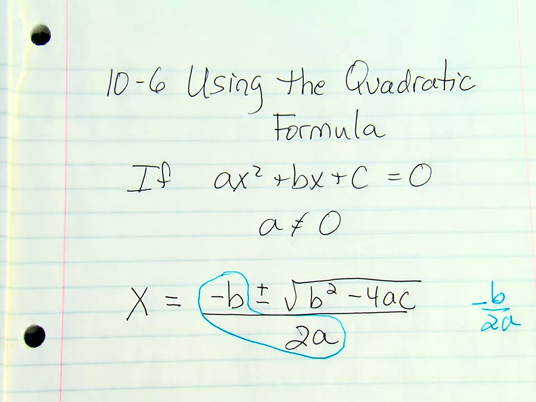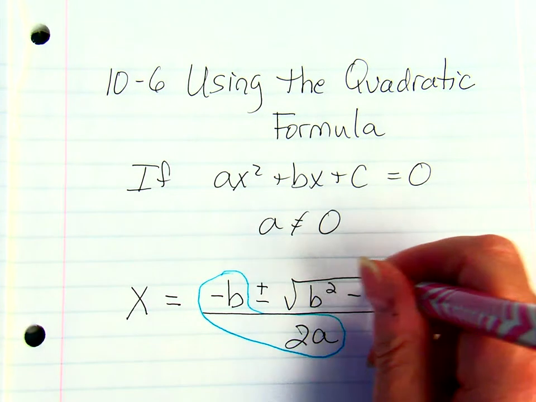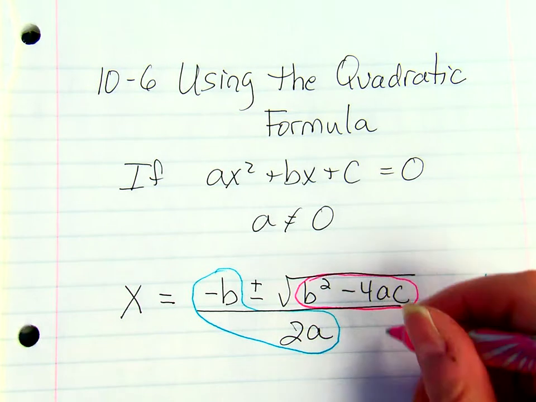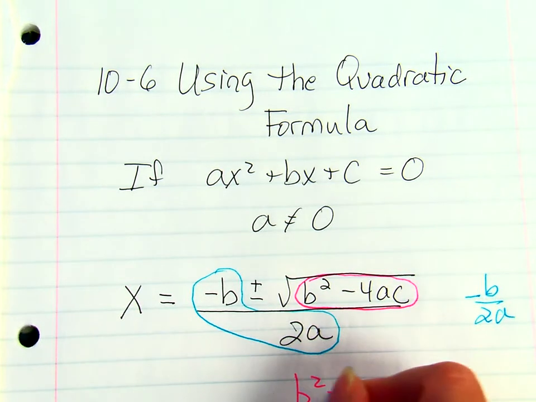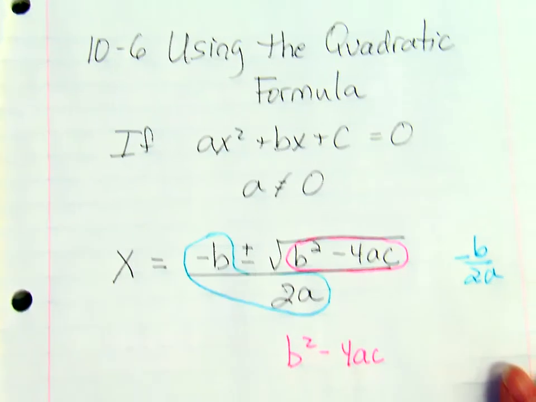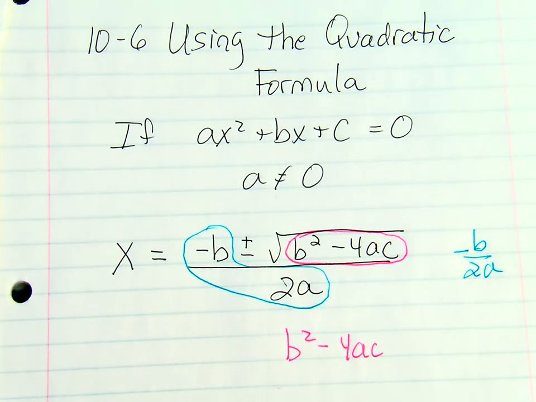And then, what is this? Oh my gosh, it's the discriminant. B squared minus 4ac. There's the discriminant. So we have already used both parts of this, and now we're looking at it together.